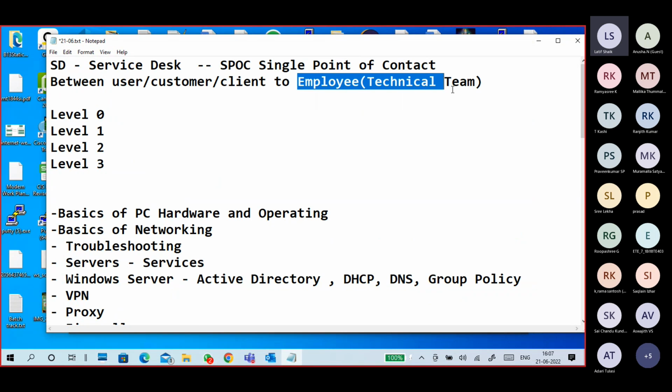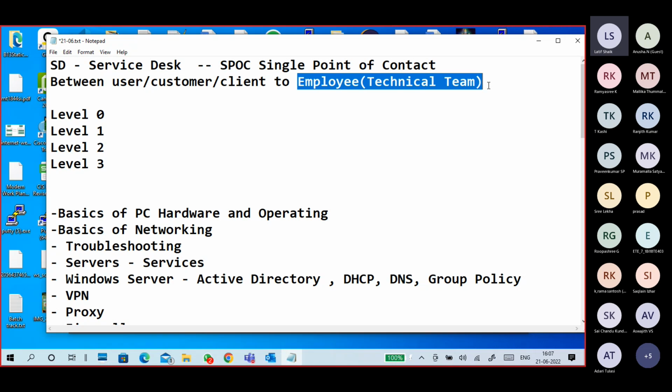So here is a question. Who is this? It's specific skill set people. So service desk people are as per the level. Level 0 is usually like a help desk type, which understands user complaints. Understanding what the actual issue is, creating a ticket, and forwarding the ticket to a particular team based on experience, knowledge and specific skill set.